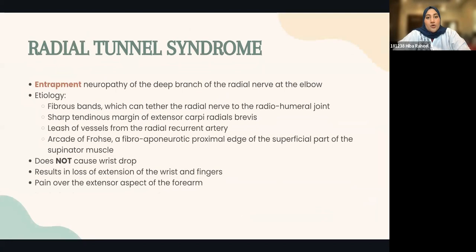All right, so radial tunnel syndrome. This was something that was mentioned in your lecture. Like I said, in the exam, the best way to answer questions about the most common mechanism of injury to the nerve: there are two answers that you can give, and I'm pretty sure he's going to give you the marks.